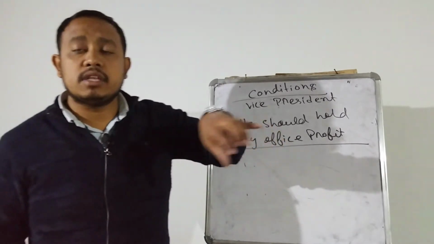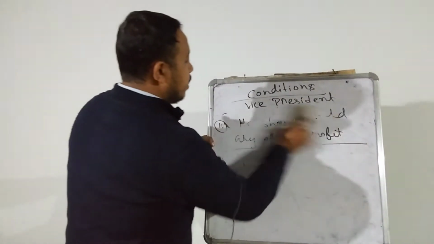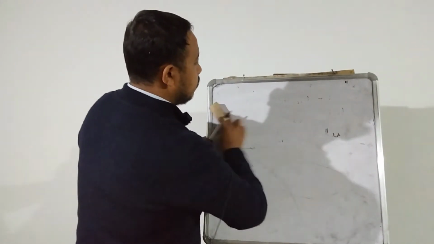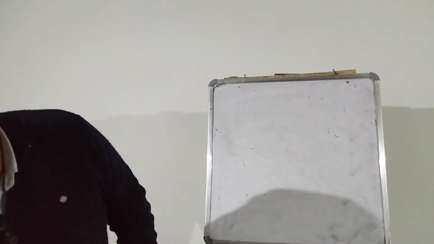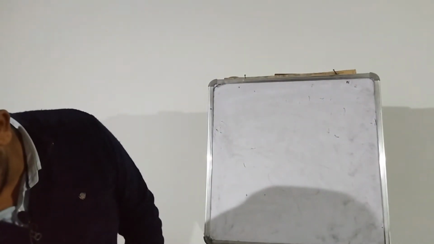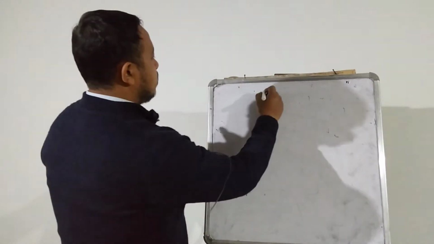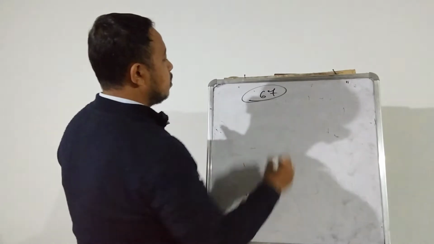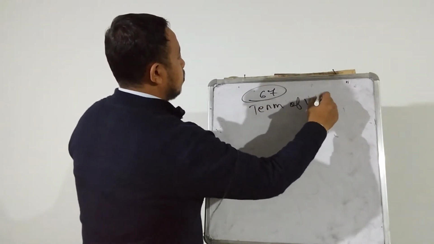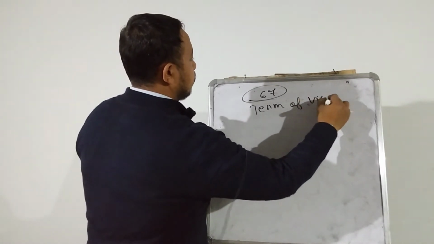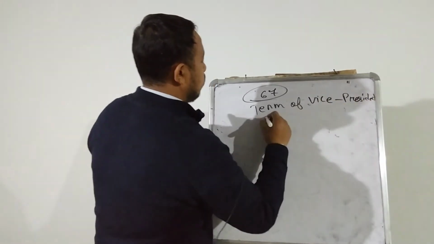Now the term of the Vice President of India. We are going to study about the term of the Vice President of India. In Article 67, it is mentioned about the term of Vice President of India.